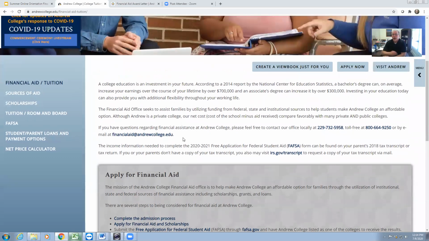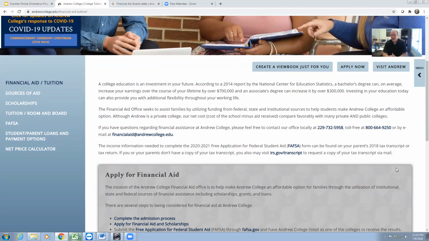For the simple fact that we have a two-person office in financial aid, if you call, chances are either we're going to have to let it go to voicemail because we're working with someone else, or if we pick up and find out what the problem is, then they're going to have to research the problem and then call you back. Whereas if you send it out by email, let them know what you need, let them know what your questions are, then they can get that information and then get back with you in a more timely manner.